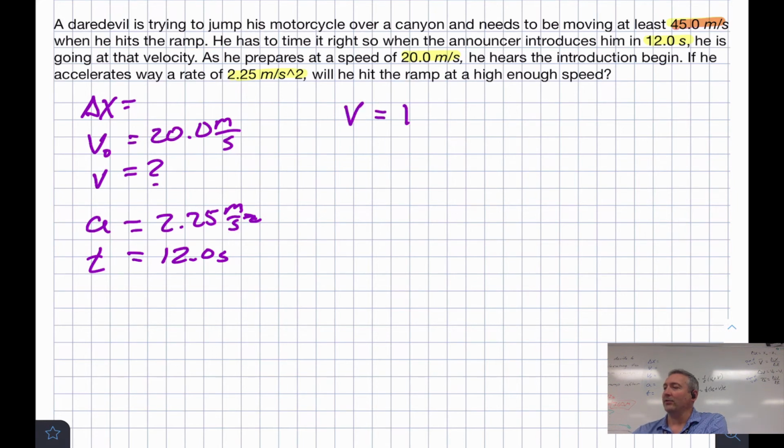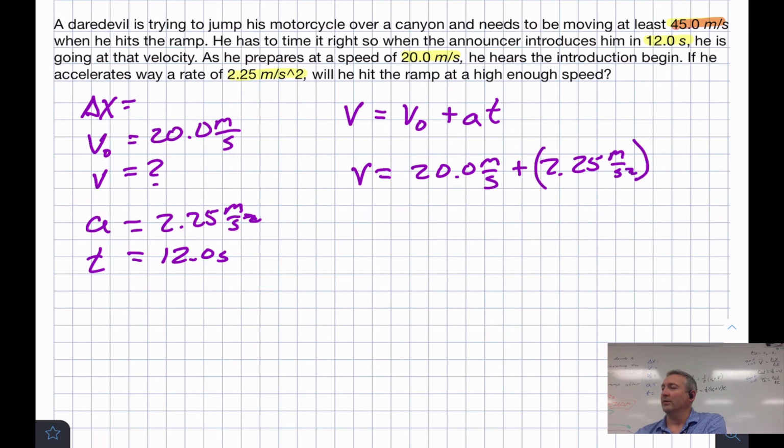Final velocity is equal to initial velocity plus a times time. So we can use that to find the final velocity: 20 meters per second plus 2.25 meters per second squared times 12 seconds, right?